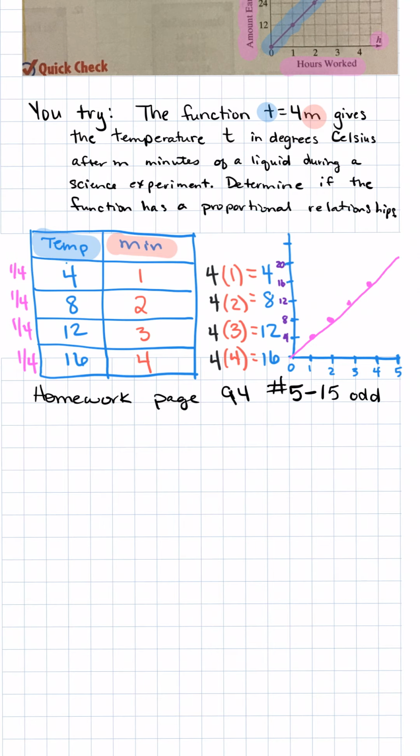So for 1 minute, it was up to 4, 2 up to 8, 3, 12, 4, 16. Notice I just knew what numbers I needed to use, and I placed those, the 4, the 8, the 12, the 16, 20. I didn't do 1 through 4. You don't always have space for that, so you just need to get down the information that you need.